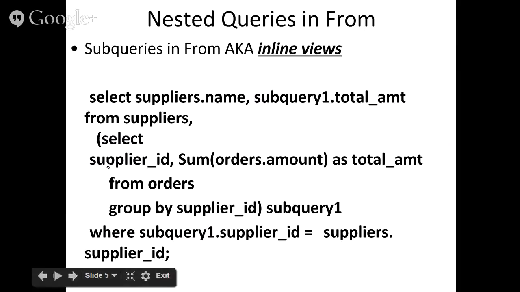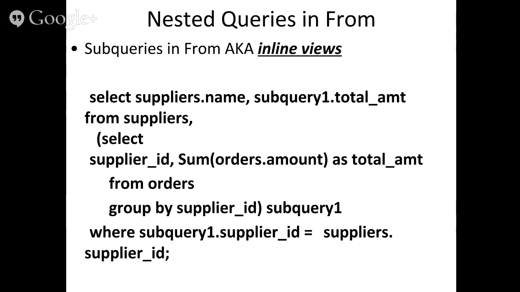But it's two fields, supplier ID and total amount, and several records, presumably. So it's a table with two columns and many records. It's a fleeting table that comes into existence. We briefly name this table subquery 1, so that we can then use it outside.